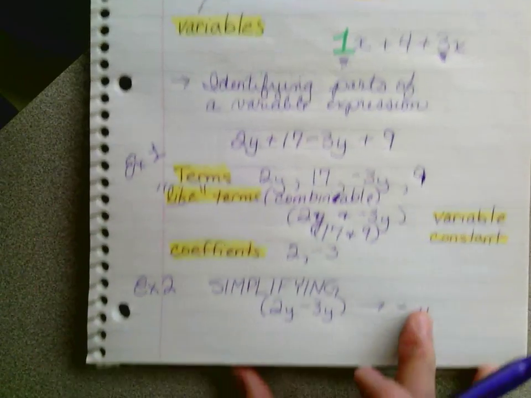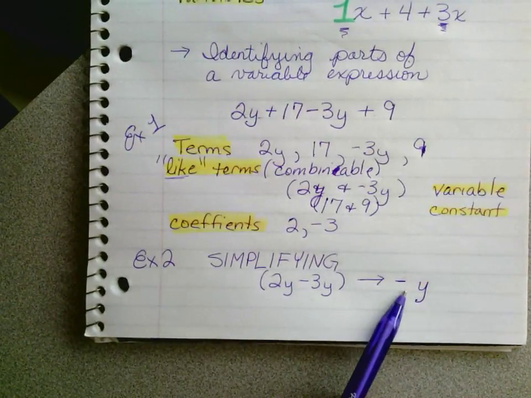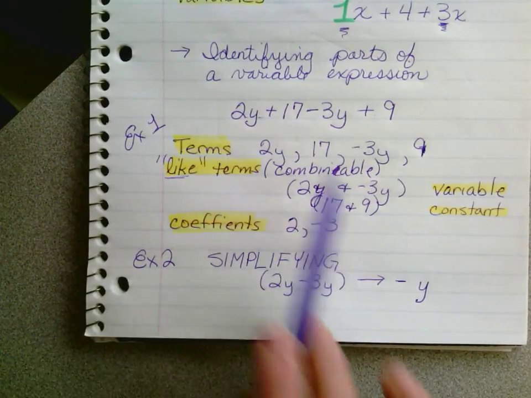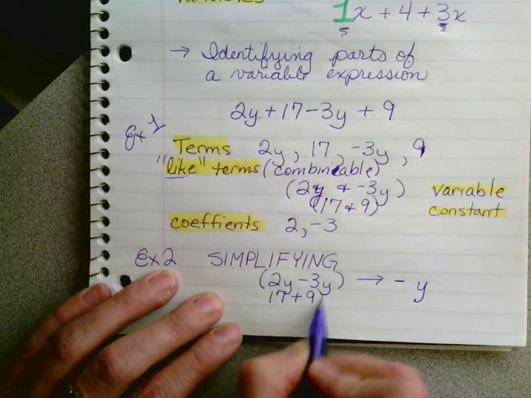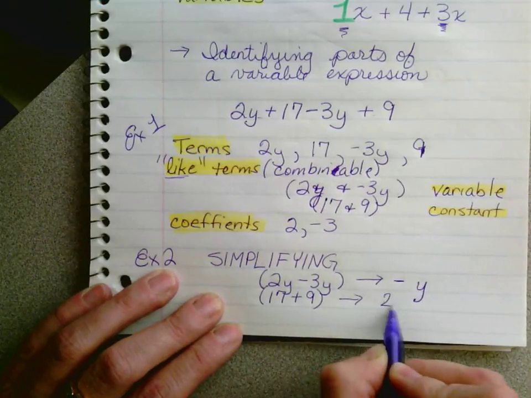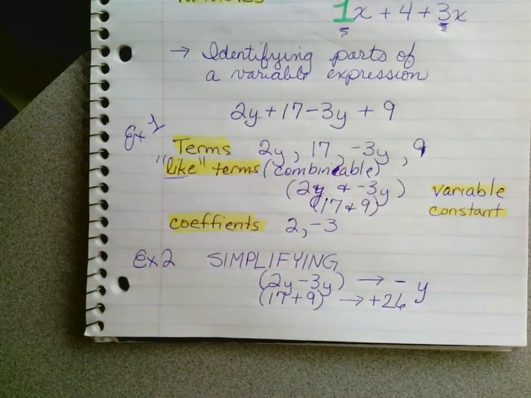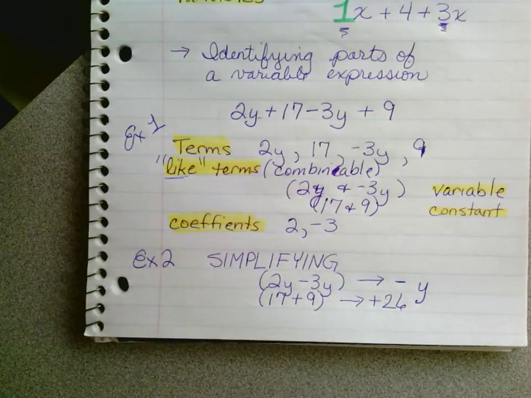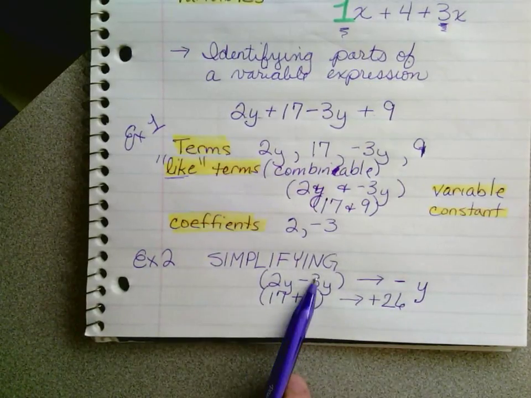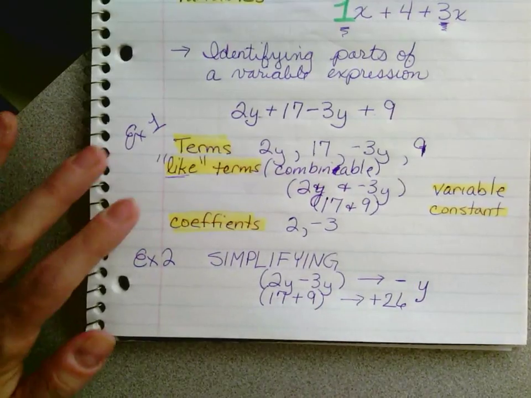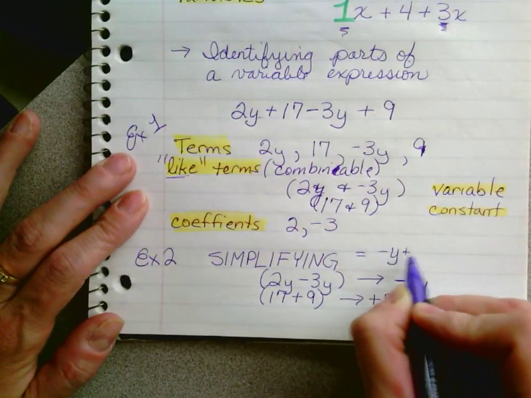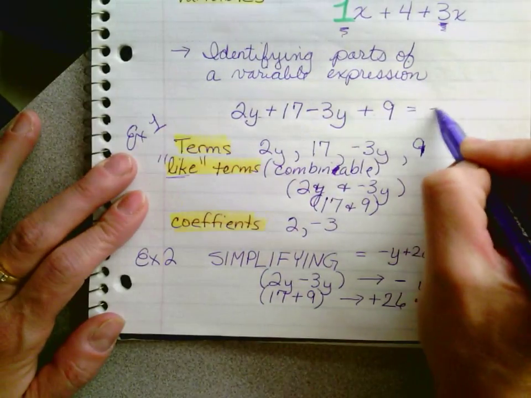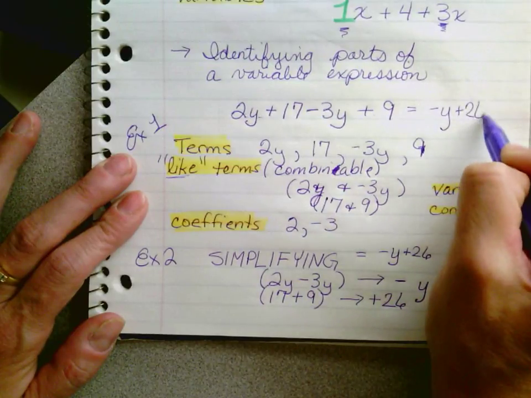Notice I'm not writing the 1 because if there's nothing in front of it, it's assumed. I can also combine 17 with the 9, which is 26, and that's positive. By combining things that are like, I have simplified, and the simplified version is negative y plus 26.